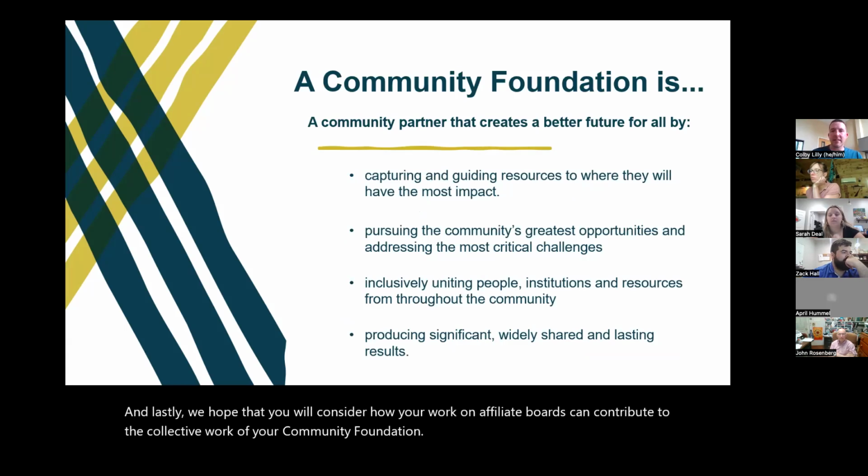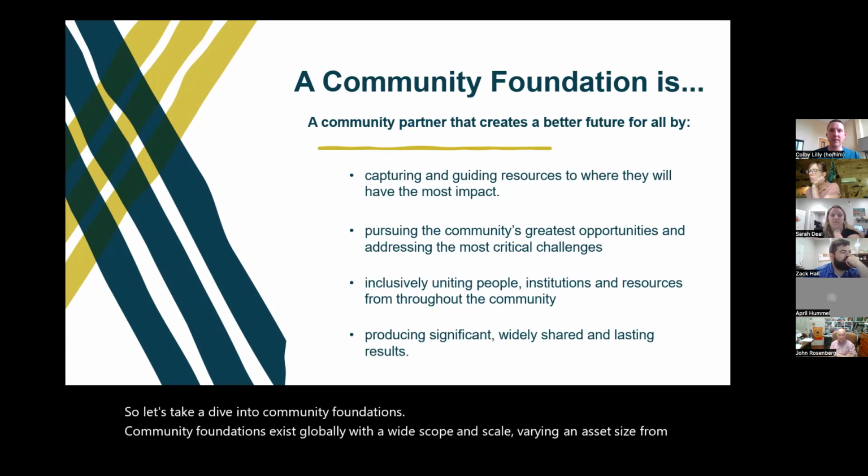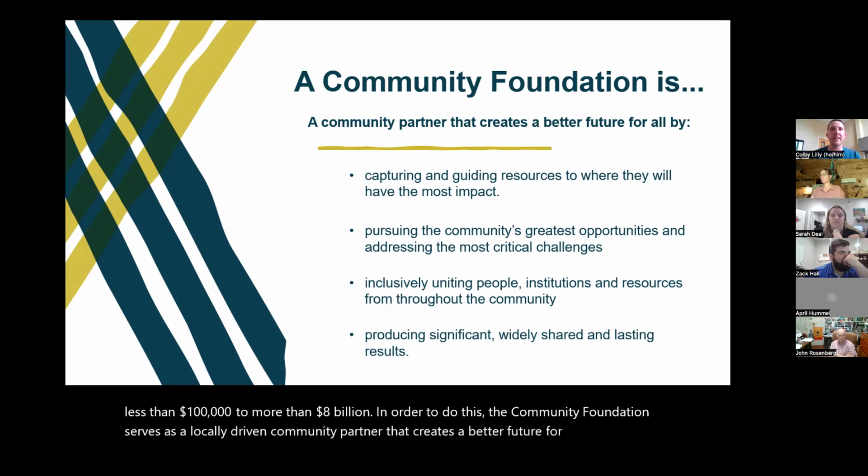So let's take a dive into community foundations. Community foundations exist globally with a wide scope and scale, varying in asset size from less than $100,000 to more than $8 billion. In order to do this, the Community Foundation serves as a locally driven community partner that creates a better future for all by playing several roles.